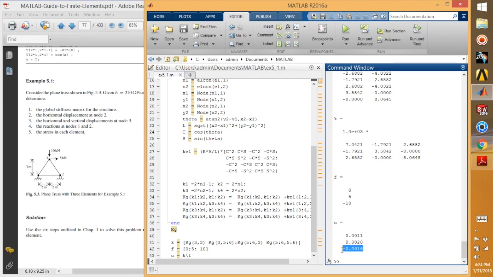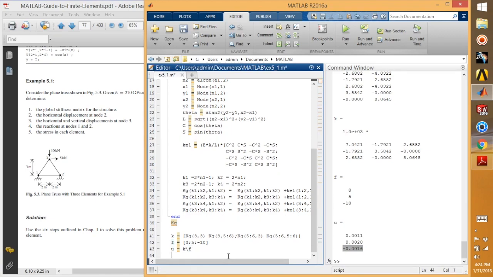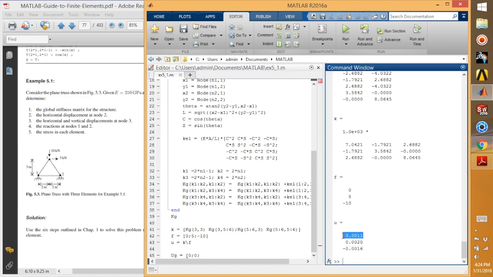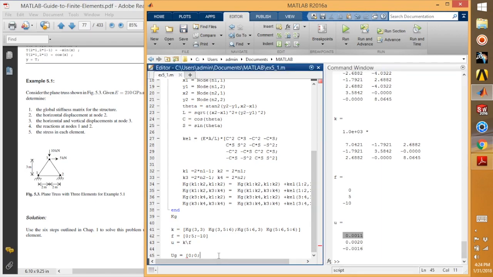Now let's go and find the reaction at node 1 and 2. For that we'll define our global displacements, which we know earlier that we have 0 at node 1, so 0, 0. Then for node 2 horizontal we have just found, which is this one, so we are going to write it U of first.